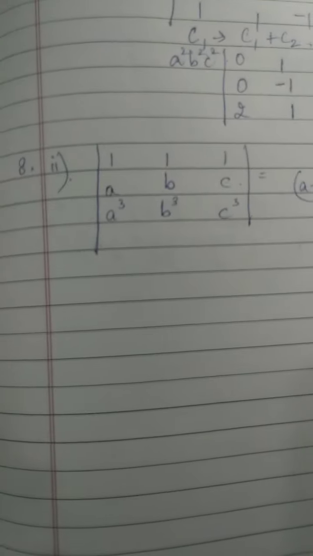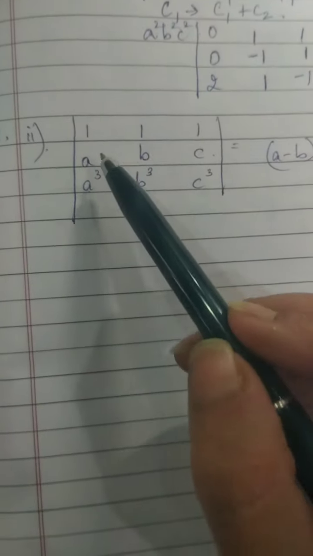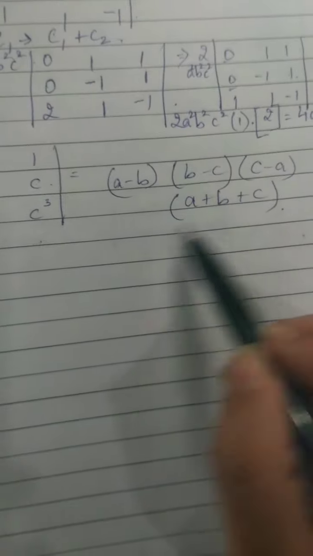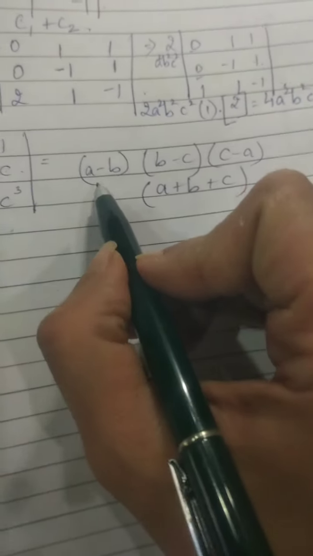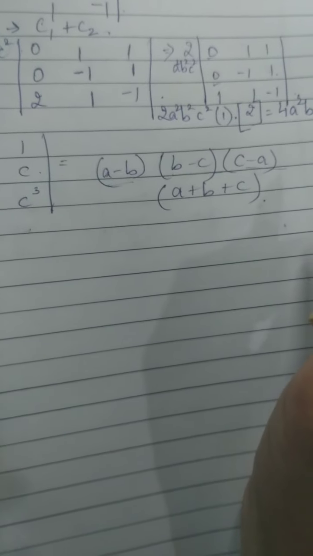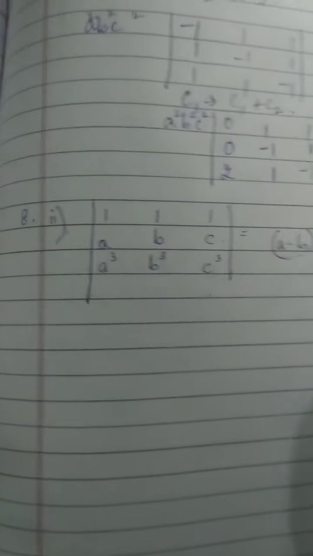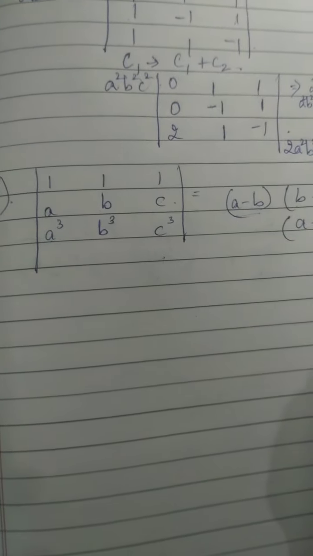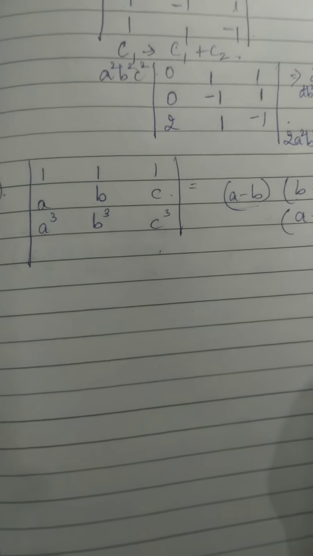Let's move on to the next question. Question number 8. This is a particular determinant value to be put equal to this. Now see, here again we've got a hint that the factors are A minus B, B minus C, C minus A. So we get a hint about applying a particular property, right?